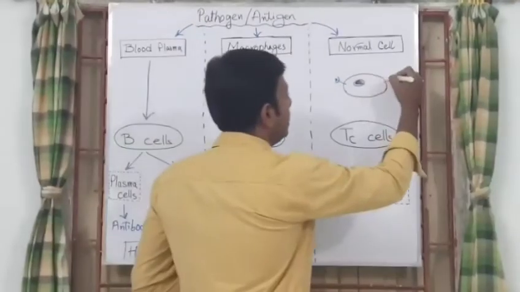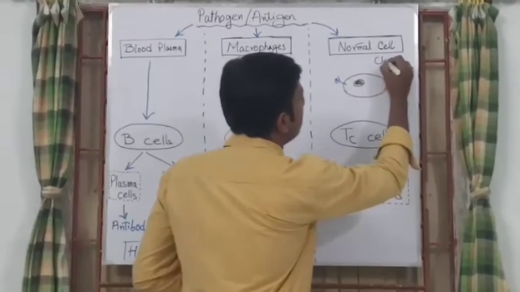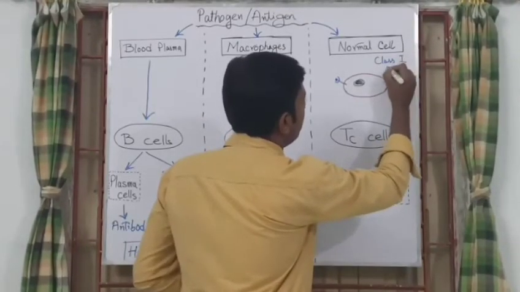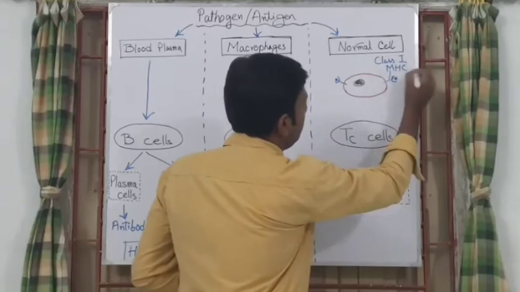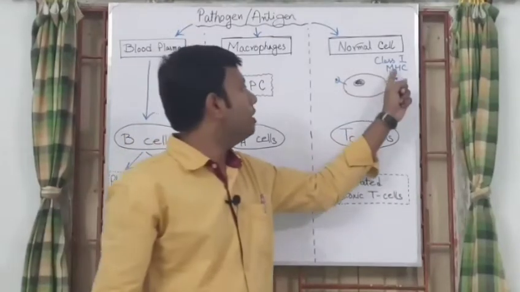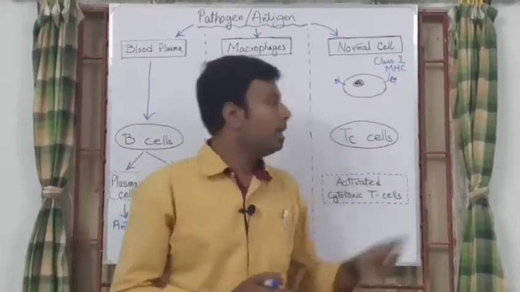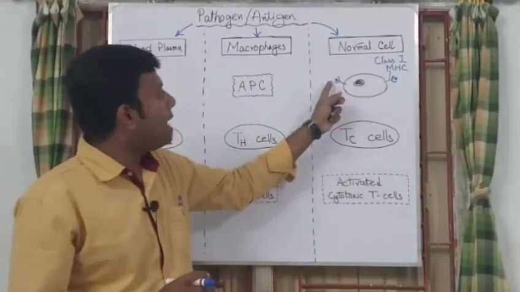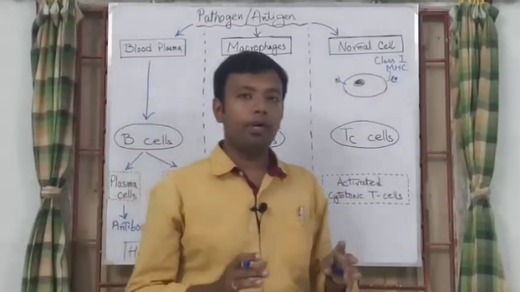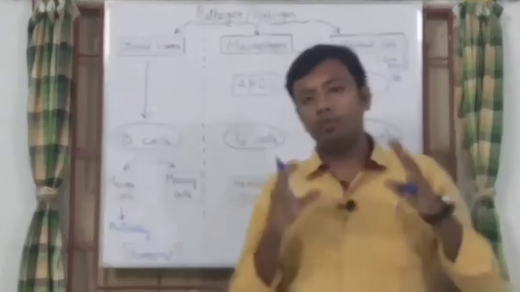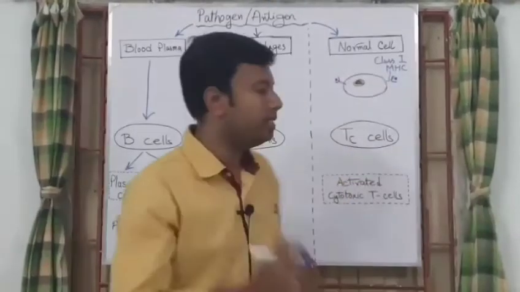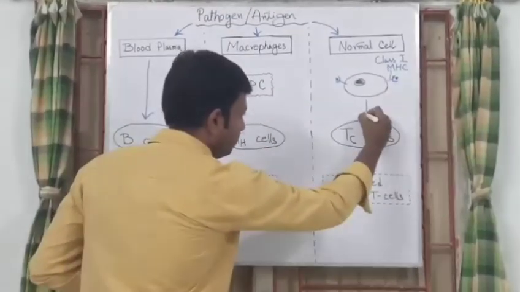The receptor is known as class 1 MHC molecule, that is major histocompatibility complex. This special receptor and the antigen bound with the receptor help in the activation of a special group of T cell, that is cytotoxic T cell.